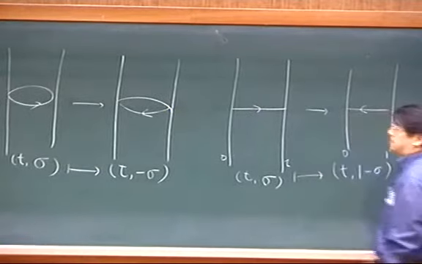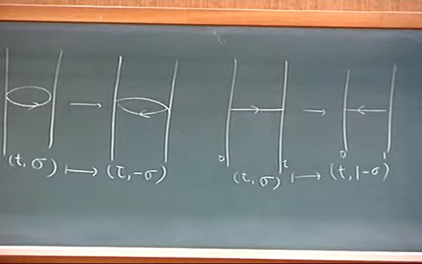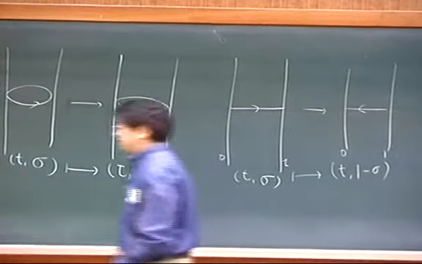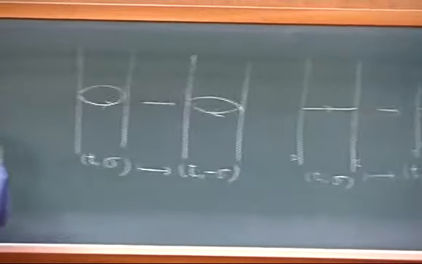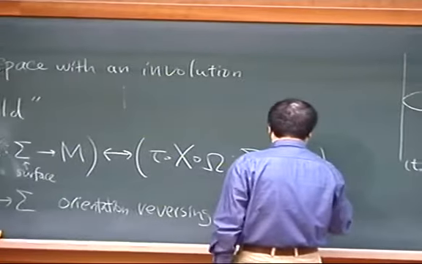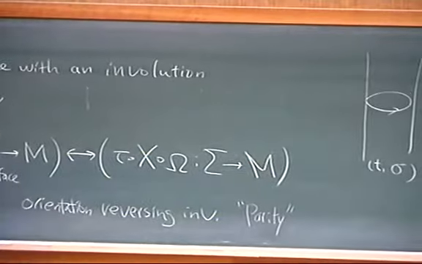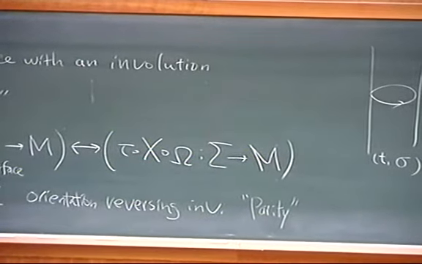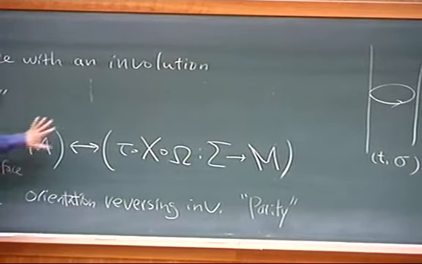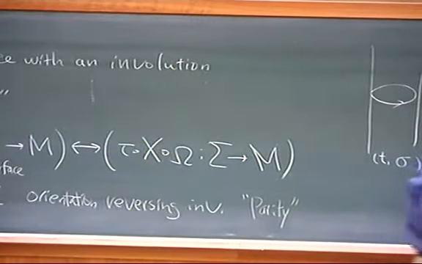Okay, so that's an example of omega. It's called parity. So this is orientifold, which identifies such maps.